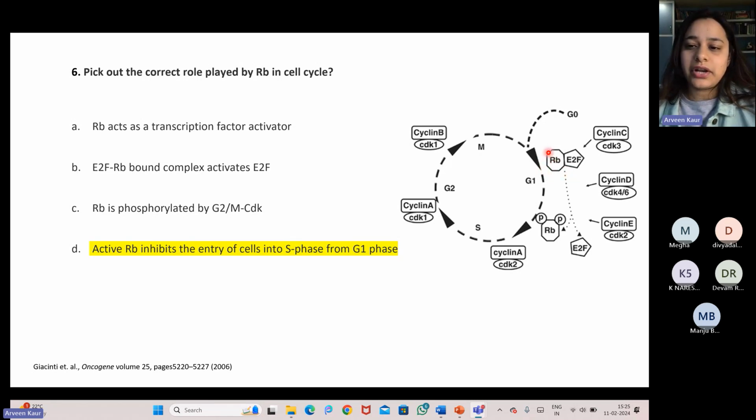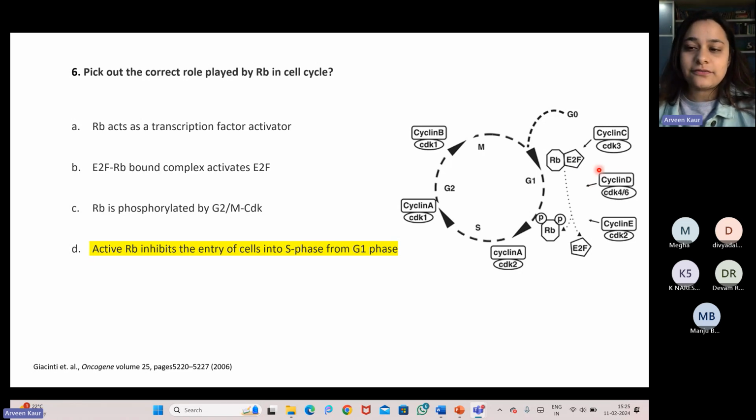Now, what happens is when retinoblastoma is bound to E2F, right? Now, E2F is a transcription factor. When RB is bound to this E2F, it will basically stop E2F from going and initiating transcription, right?